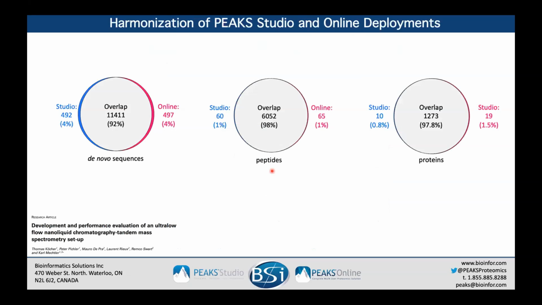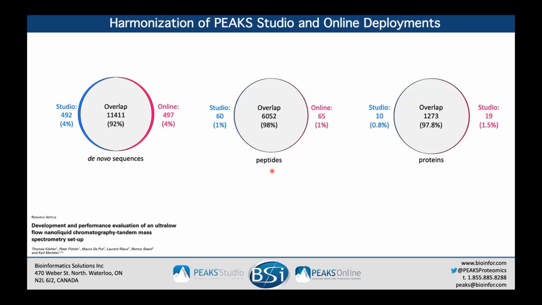In the past, Online has had a slightly different algorithm than Studio, and so results would be slightly different. So we've put a lot of effort into harmonizing these two softwares so that you get identical or almost identical results between them.